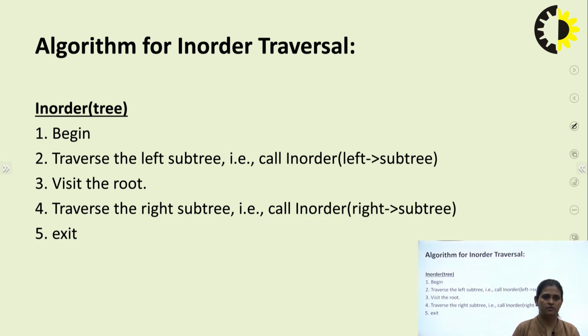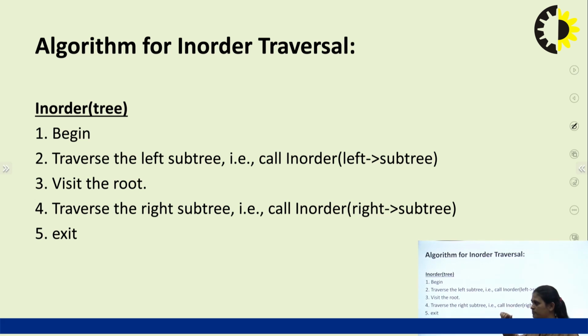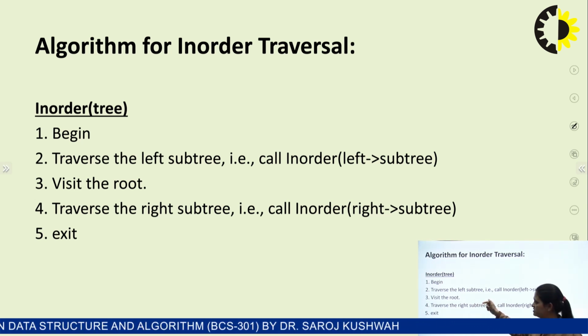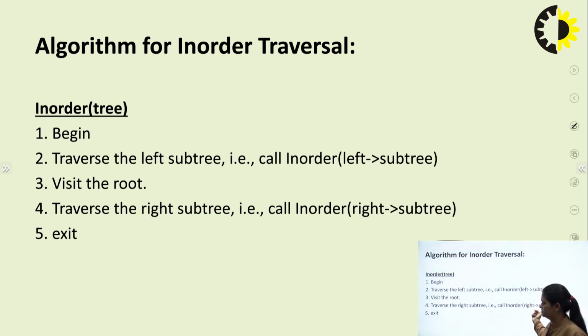Algorithm for the in-order traversal. We begin, then traverse the left subtree, that is called in-order of the left subtree. After traversing the left subtree, visit the root and next traverse the right subtree, that is in-order of the right subtree.